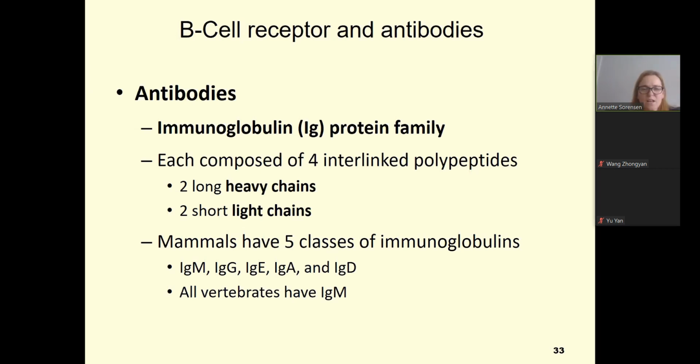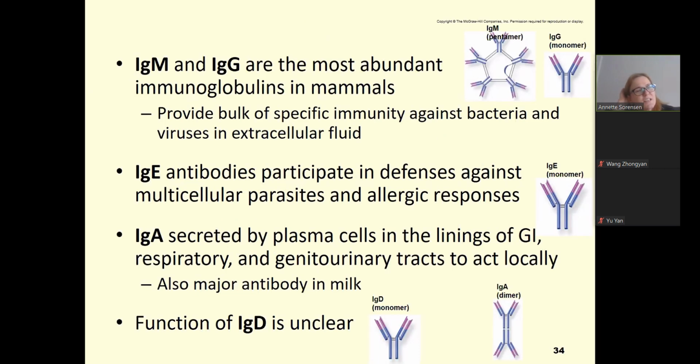All vertebrates have IgM. IgM and IgG are the most abundant ones in mammals, so they really provide the bulk of specific immunity against bacteria and viruses in extracellular fluid.